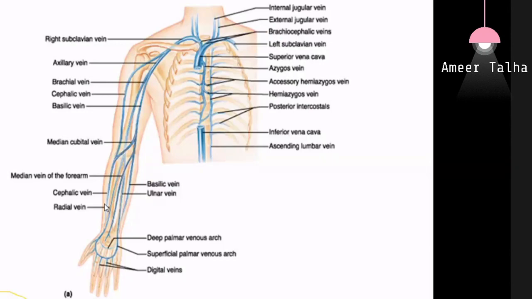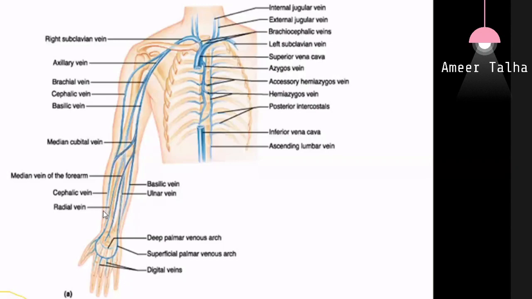Cephalic is the term used towards the head, and basilic will be from the medial side, that would be the base or medial side. So after origination from the dorsum of hand, they shift to the lateral aspect of the forearm and later on anterior aspect. These veins shift towards the anterior aspect of the forearm.